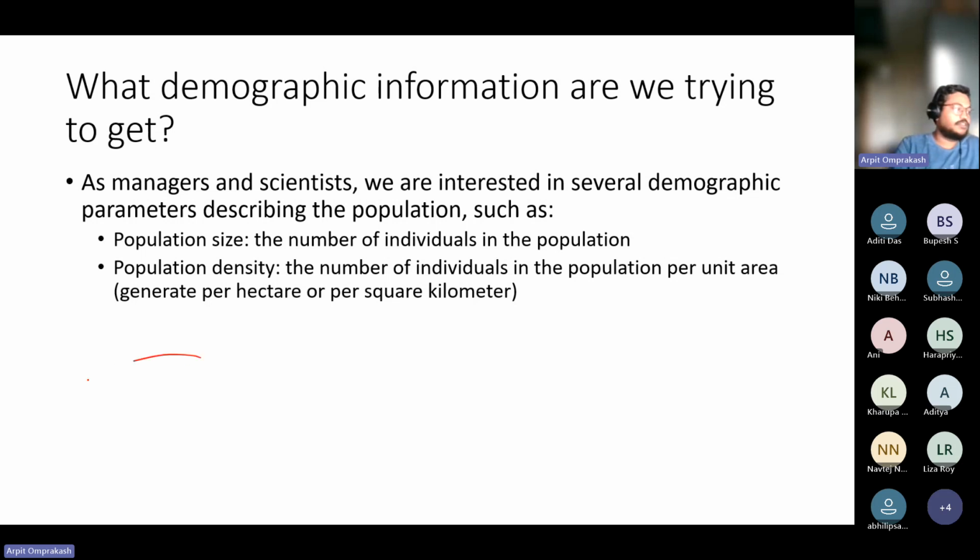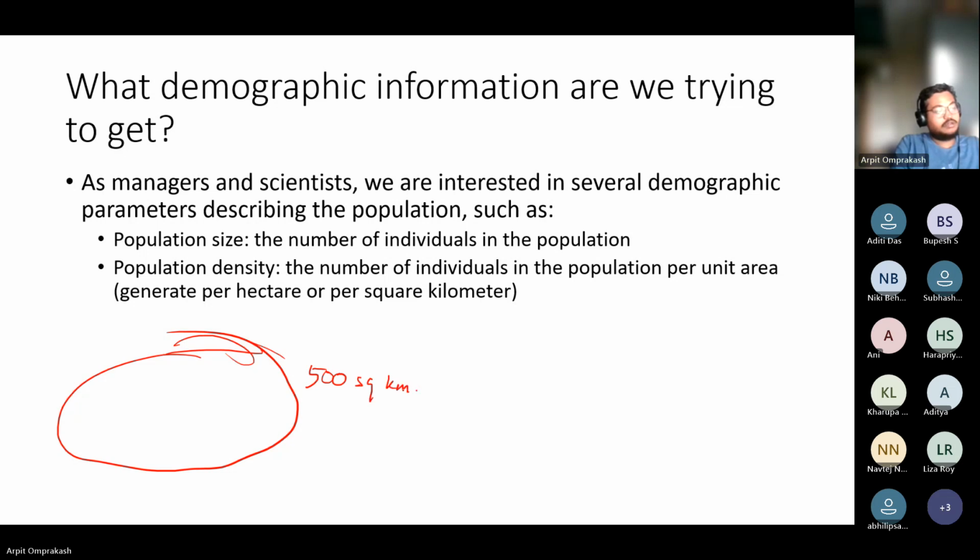So, for example, let's say we have a patch of forest, and this forest is around 500 square kilometers. To get the population size, we see how many tigers are present in this forest, right? So let's say we estimate that there are 50 tigers in this patch of land.